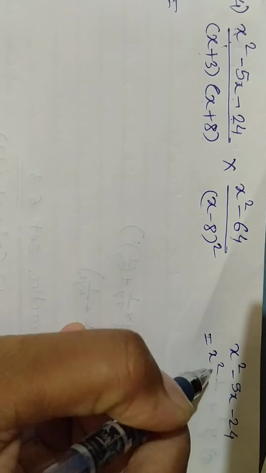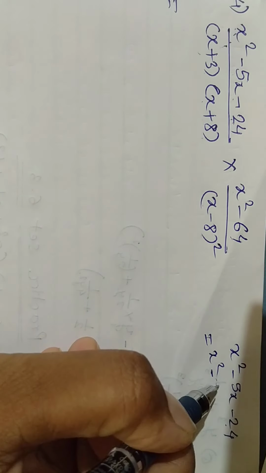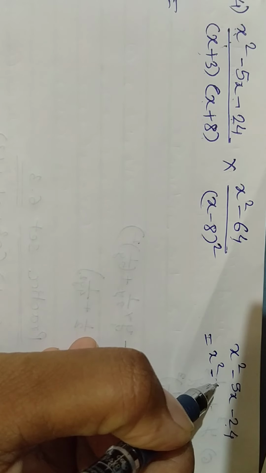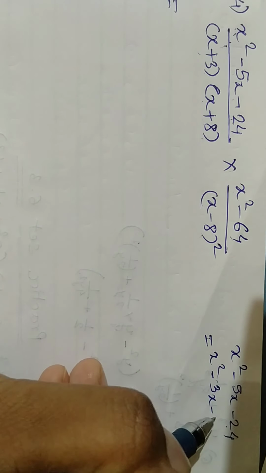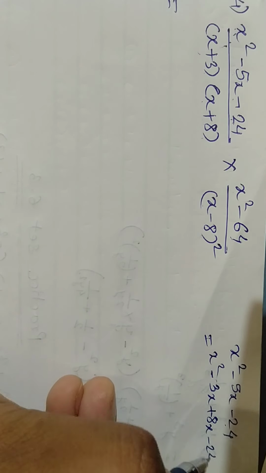x square, here 8 3s are 24: x square minus 8x plus 3x minus 24.